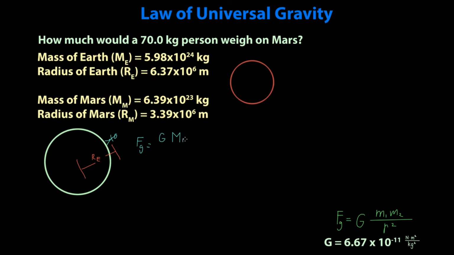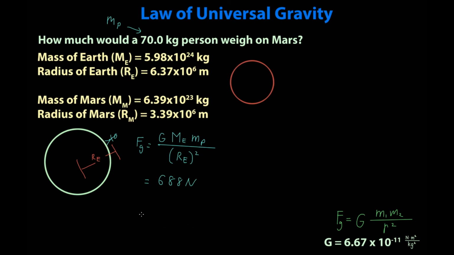I'm just going to use variables here to save time. I'll call this mass of the person, mass of the Earth, times mass of the person, over radius of the Earth squared. For the sake of space, I'm not going to bother with the numbers this time. And if I do this, I get 688 newtons.